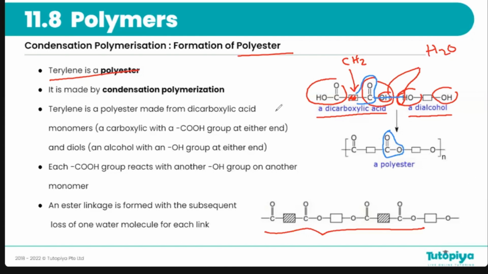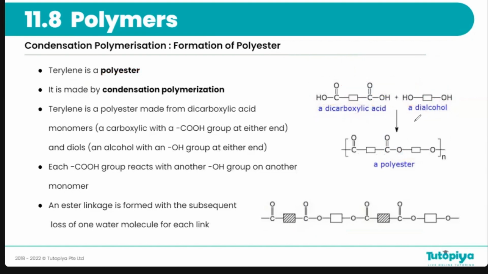Just like that, at both ends, ester linkages happen, combining a lot of such monomers. So it will always be dicarboxylic, dialcohol, dicarboxylic, dialcohol, and one after the other, they would line up to make a polyester. So if they ask you to draw the monomer, you need to draw these two monomers, dicarboxylic and dialcohol.